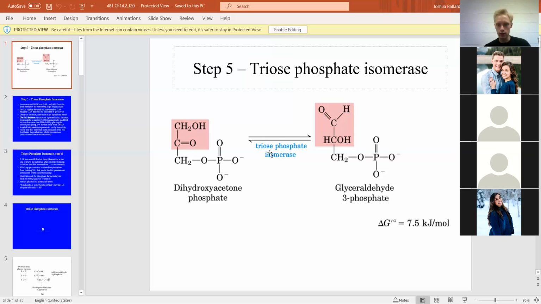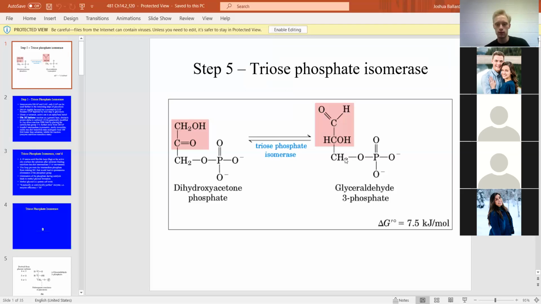We have an isomerase and a triose phosphate, which helps me know we're dealing with a three-carbon phosphate. So triose phosphate isomerase alters this a little bit into glyceraldehyde 3-phosphate. That's what an isomerase does.